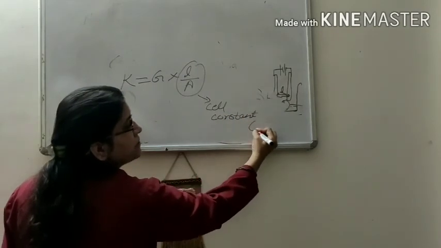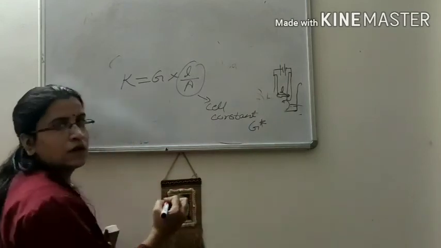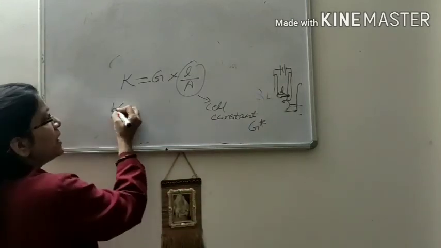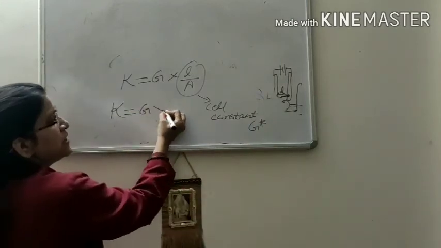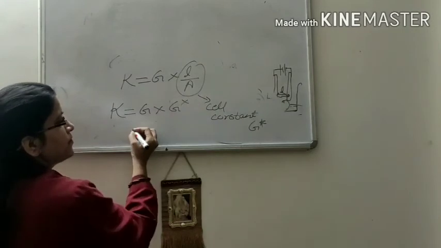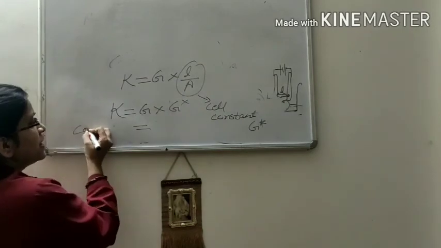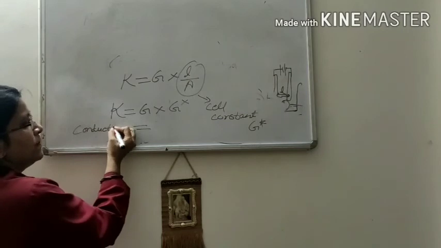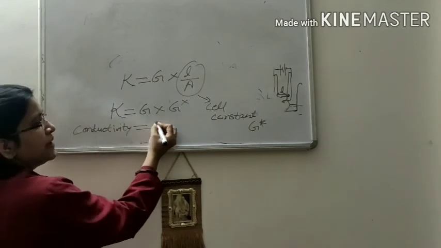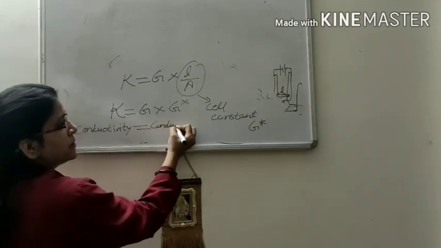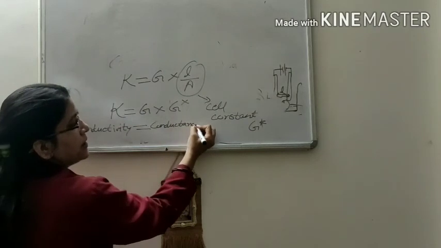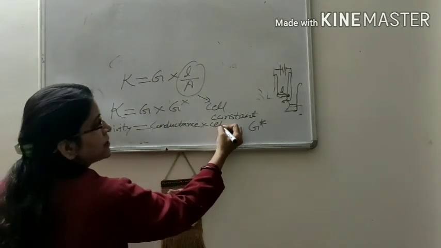It is denoted by G star. So kappa is equal to G into G star, or conductivity is equal to conductance into cell constant.